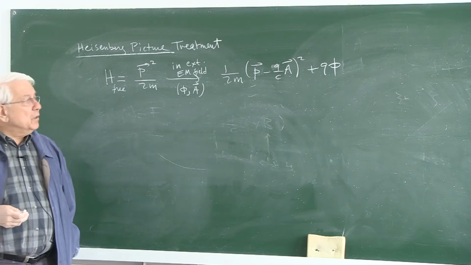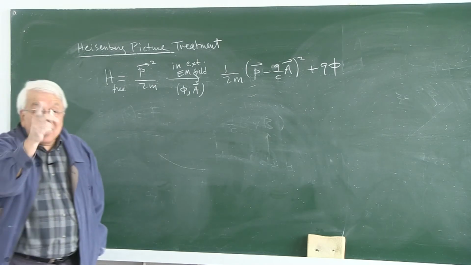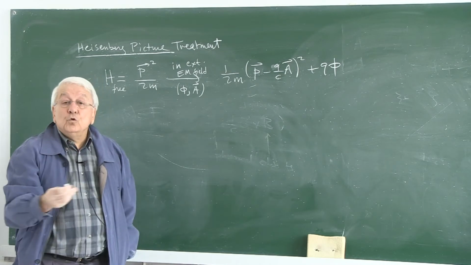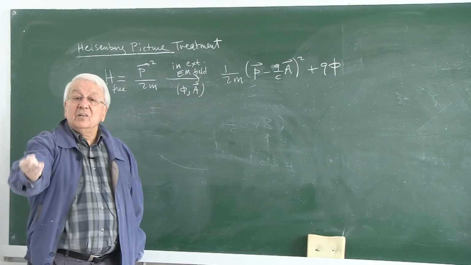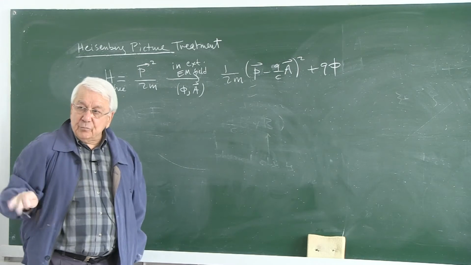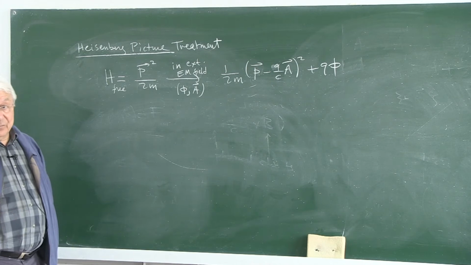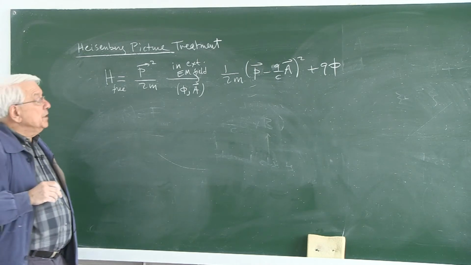If it is quantum, this Hamiltonian is quantum. But the fields are still treated as classical. We need quantum electrodynamics for a full quantum description of the particles and the fields together. That's beyond the level of this class. So I'm really making the qualification that the field is treated classically. You have to be careful about that.